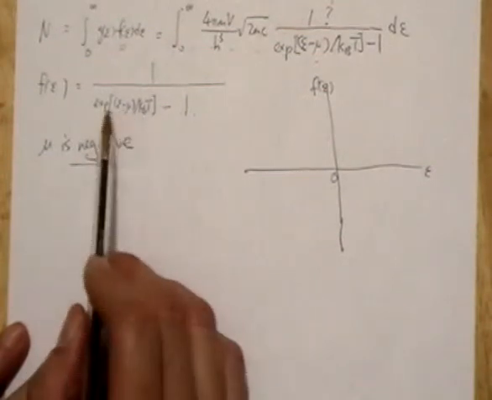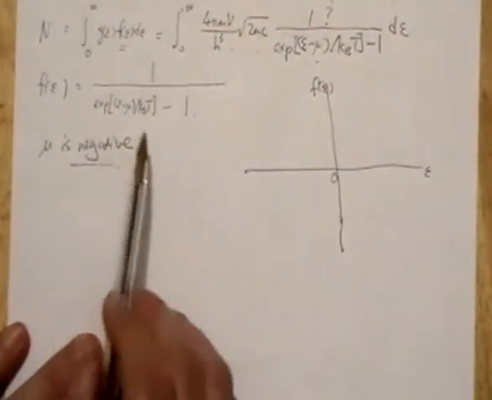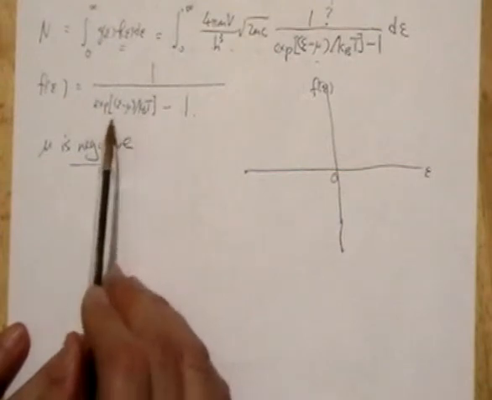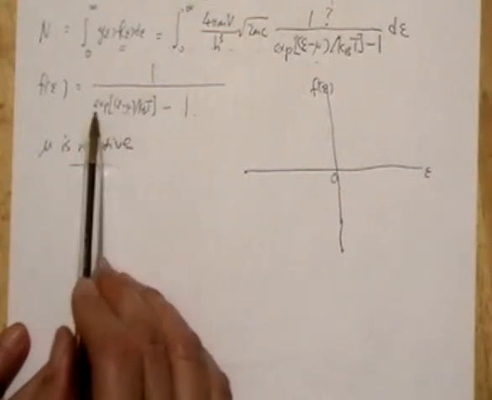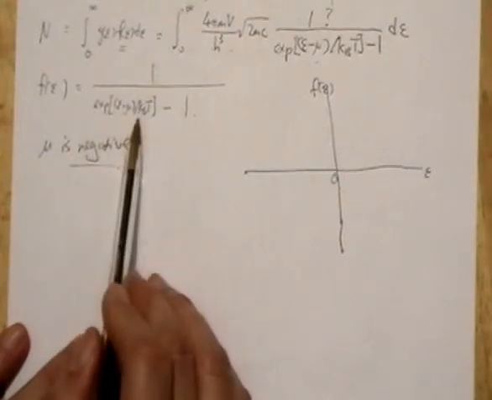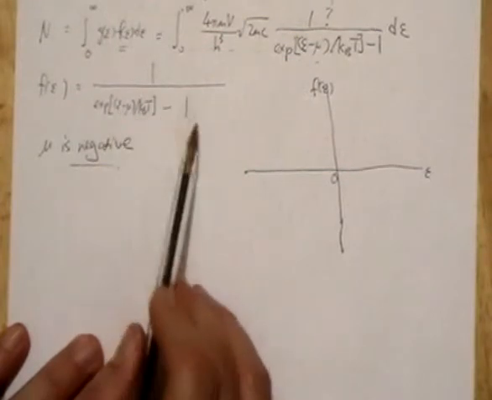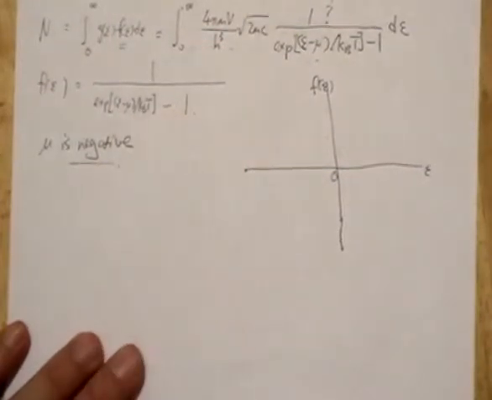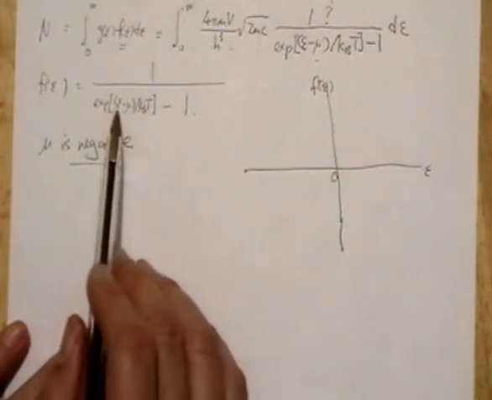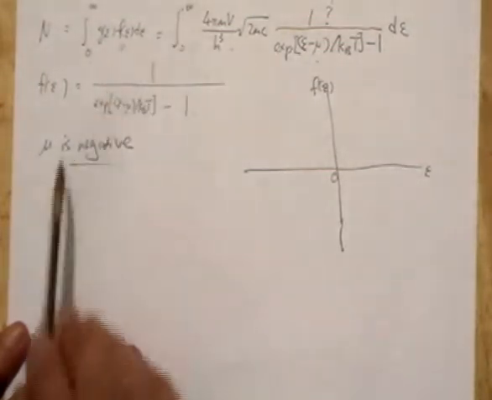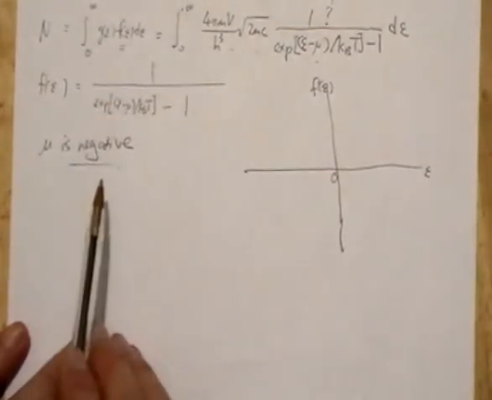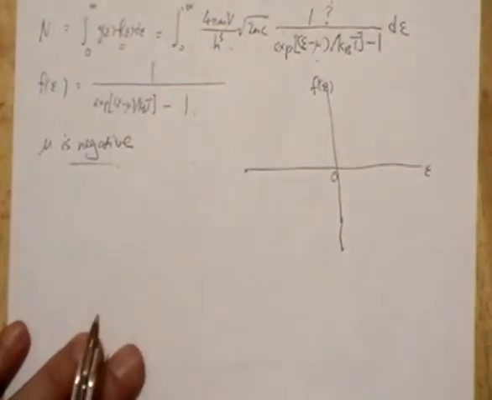Now think about the denominator. If E, the energy, is equal to mu, then E minus mu is 0, and the exponential of 0 will be 1. And 1 minus 1 will give us a 0 at the denominator. What this means is that if E gets close to mu, the function goes to either plus or minus infinity.